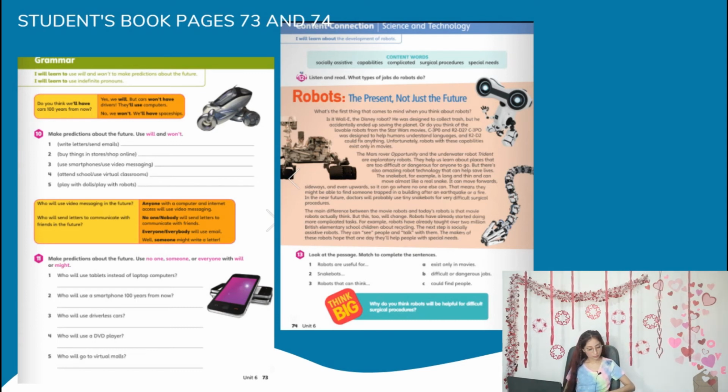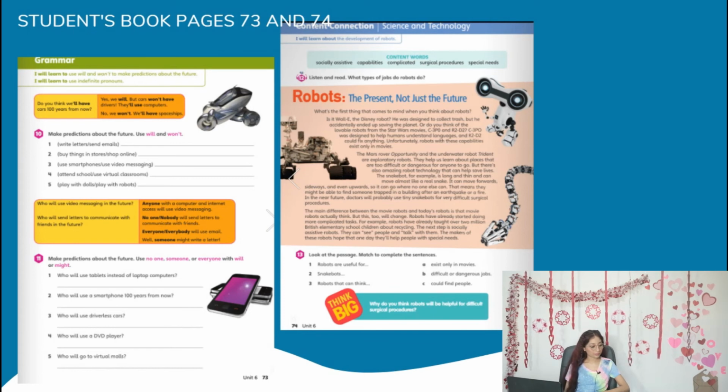Is it WALL-E, the Disney robot? He was designed to collect trash, but he accidentally ended up saving the planet? Or do you think of the lovable robots from the Star Wars movies, C-3PO and R2-D2? C-3PO was designed to help humans understand languages, and R2-D2 could fix anything.